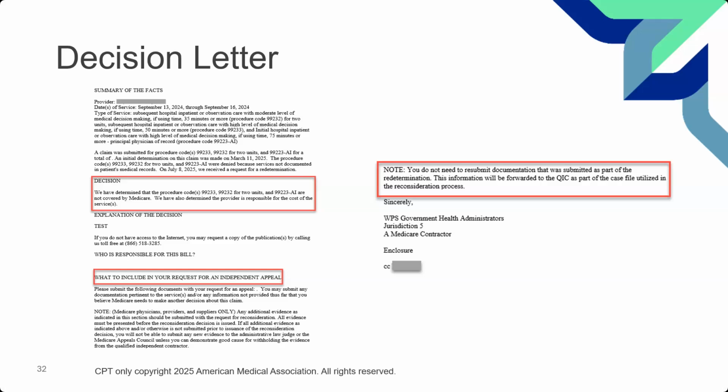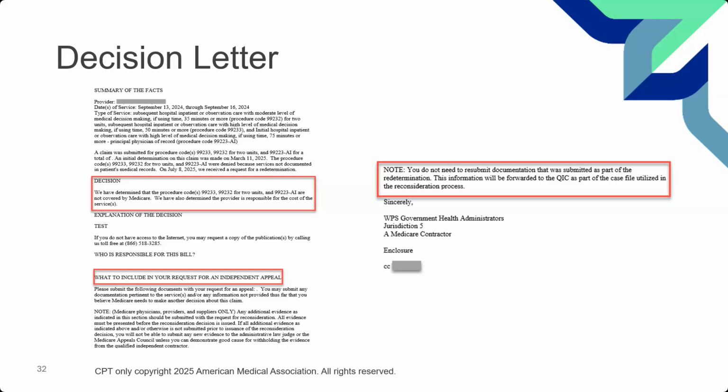Next is what to include in your request for an independent appeal. So it's going to tell you, if you want to go to that second level, what information should be included when you do that. And lastly is a note that you do not need to resubmit documentation that was already included in the redetermination request should you want to have that second level appeal.